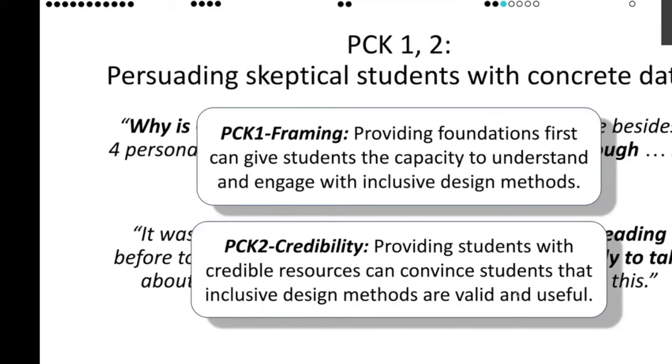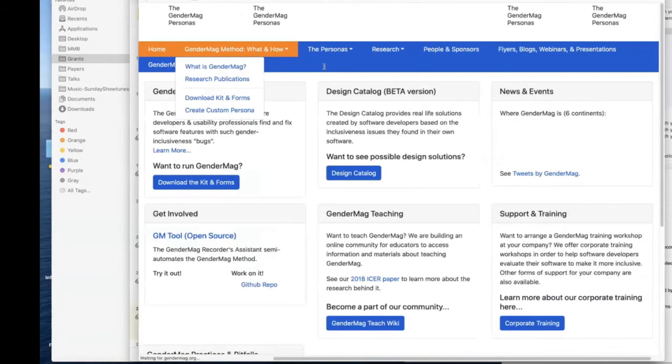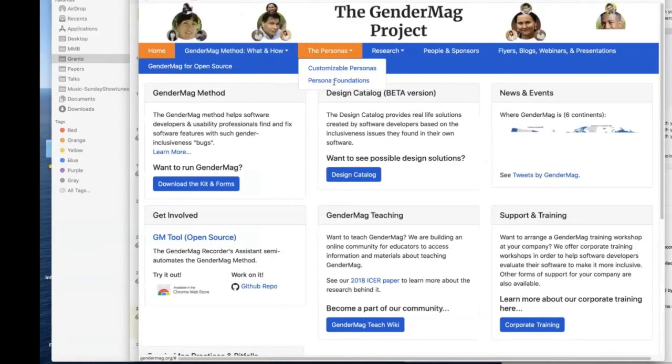And in fact, let me just show you that because it might be useful. And slowly we do this. Okay, so under the personas, you can see persona foundations.